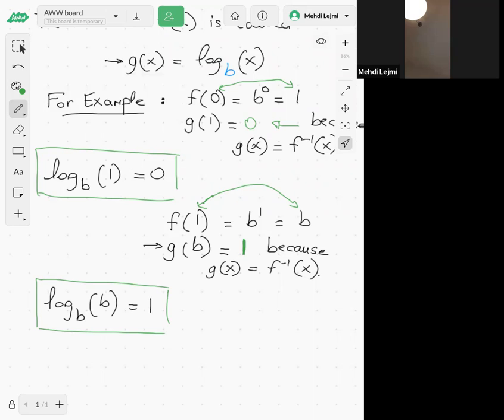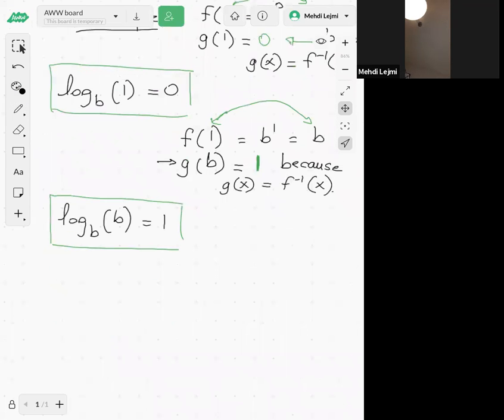One more thing which is important: remember, for the exponential function f of x, which is b to the x, because b is always positive, b to the power x is also positive. The range of the exponential function is just positive numbers.